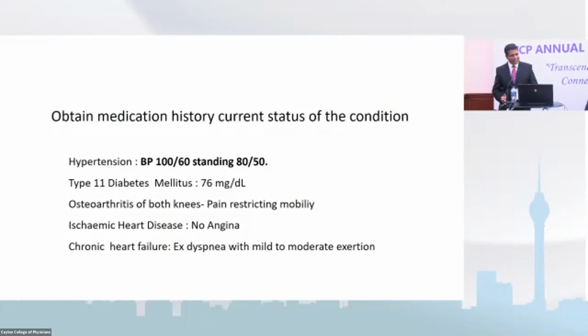She has ischemic heart disease, but currently she is not having angina. She has chronic heart failure and she has exertional dyspnea with mild to moderate exertion. So disease-wise the heart failure is a bit active, and you can see most of the diseases are under control, and even the control is too much, causing side effects.